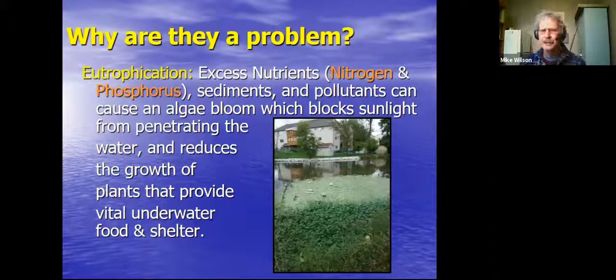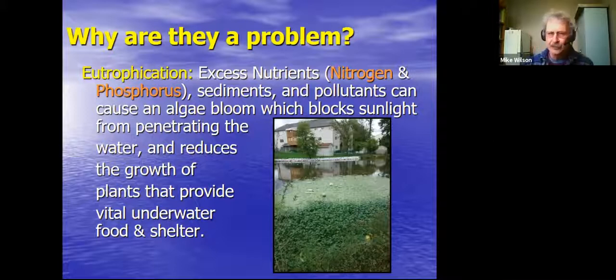And why are they such a big problem? Well, excess nutrients like nitrogen and phosphorus, sediments, and pollutants cause an algae bloom. They block sunlight from penetrating the water, and that reduces the growth of plants that provide underwater food and shelter.